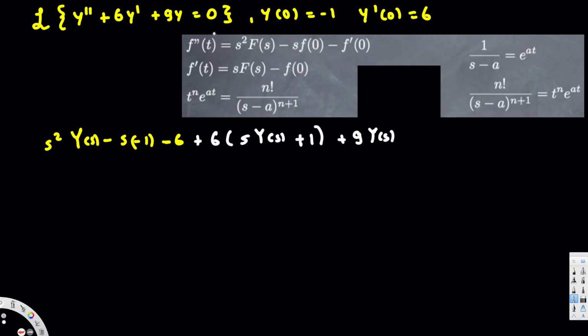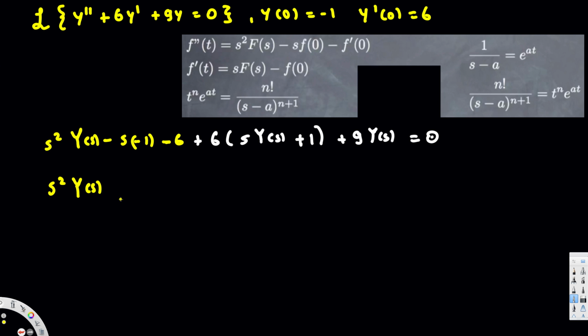On the other side of the equation we have 0, so we equate this to 0. Now let's bring all the Y of s terms together. Here we have s squared Y of s, and here we have 6 times s Y of s.